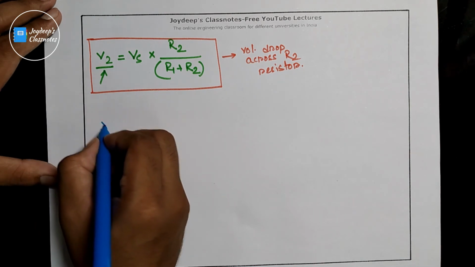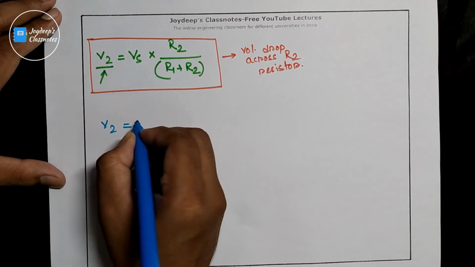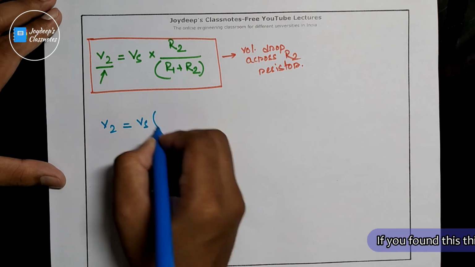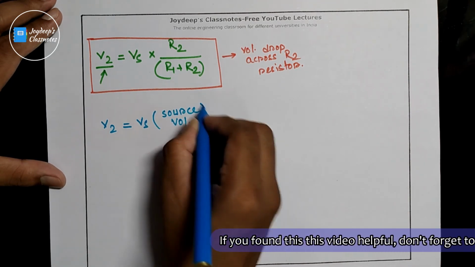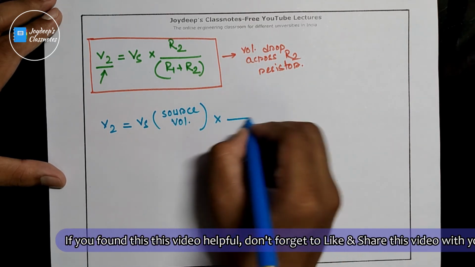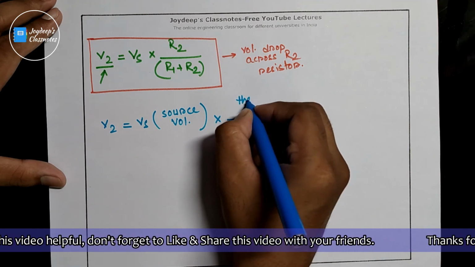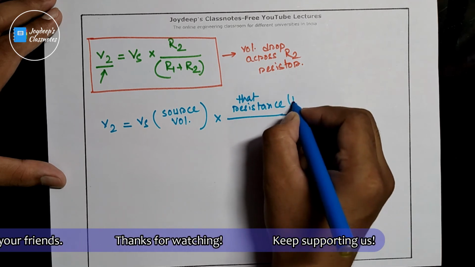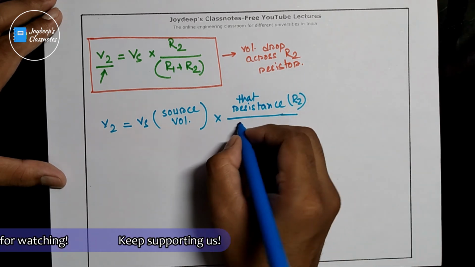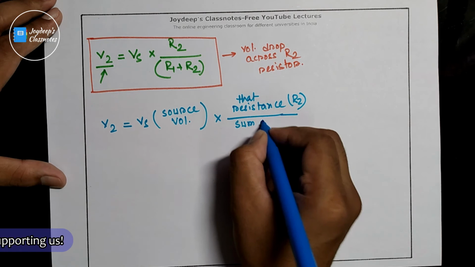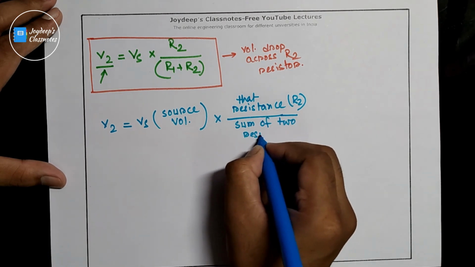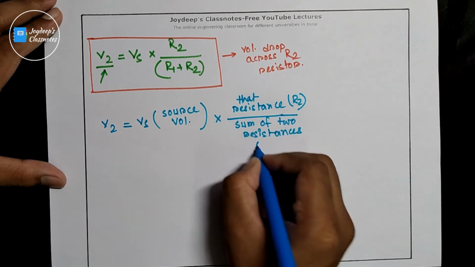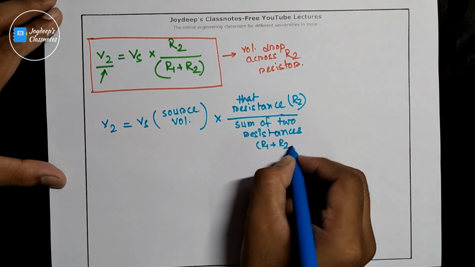So V2 is equal to the source voltage multiplied by that resistance, meaning R2, divided by the sum of the two resistances, that is R1 plus R2.